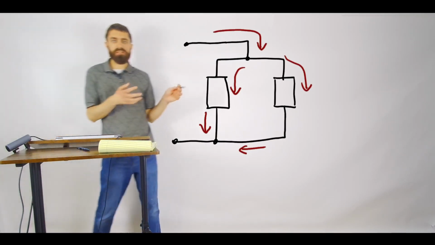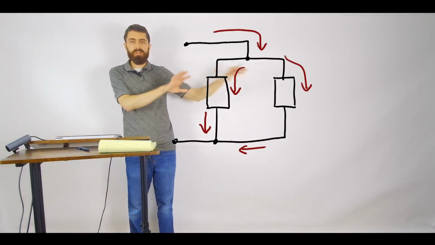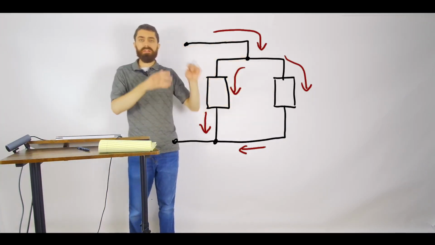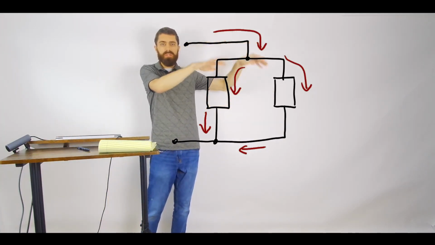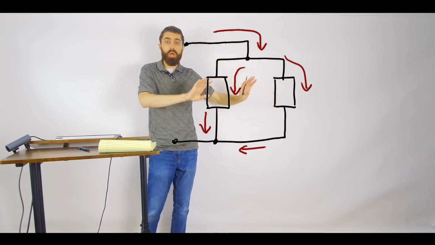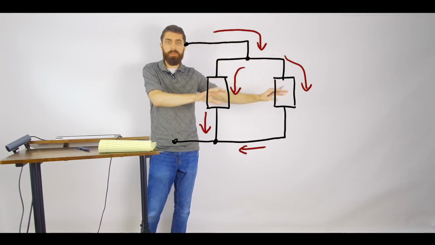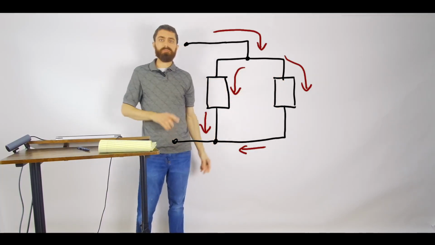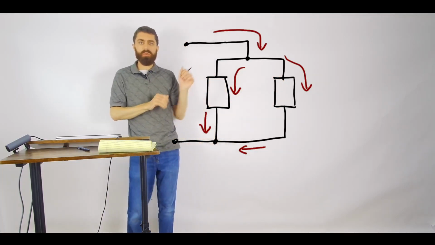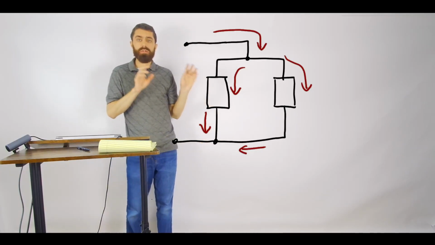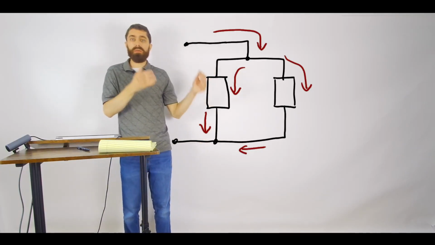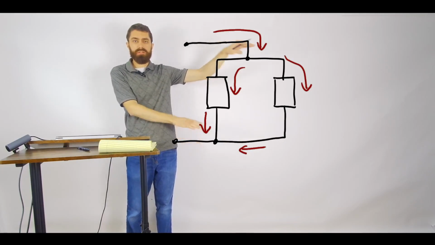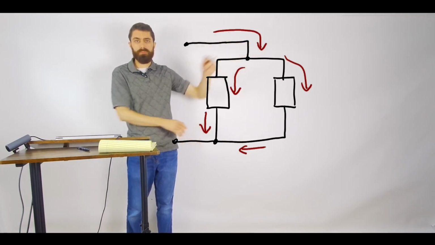And what we like to say is that these two components here are in parallel because the current splits off and flows through both of them simultaneously, and then it rejoins. Technically speaking, two or more components are in parallel if they are both connected to the same pair of nodes.